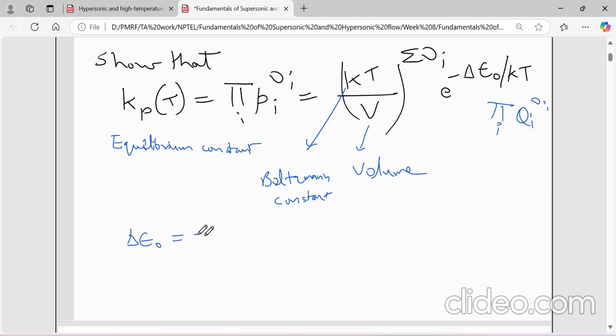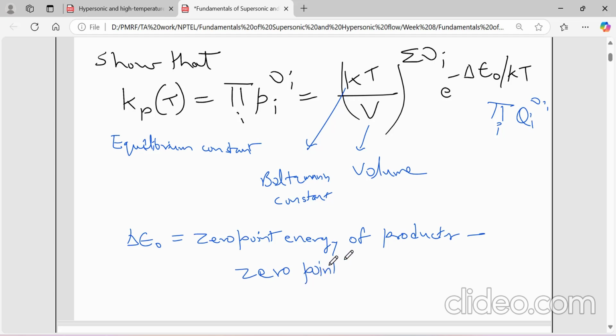Delta epsilon naught is zero point energy of products minus zero point energy of reactants.